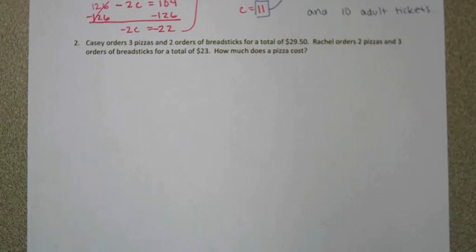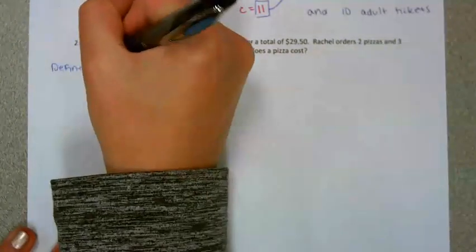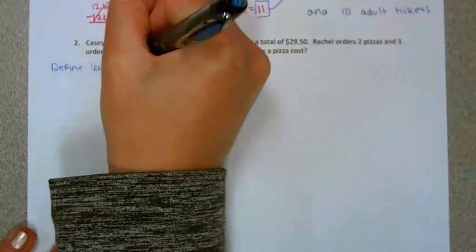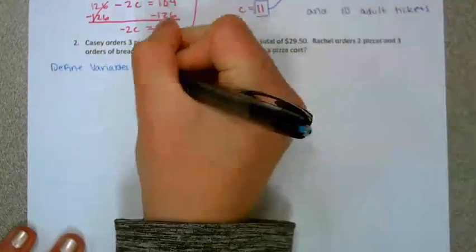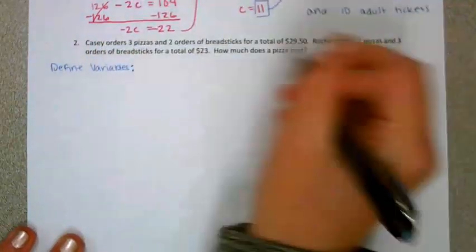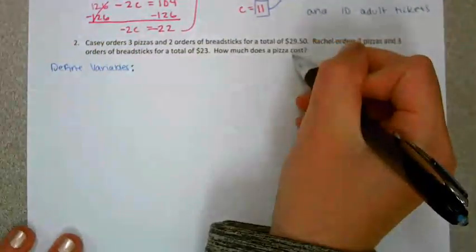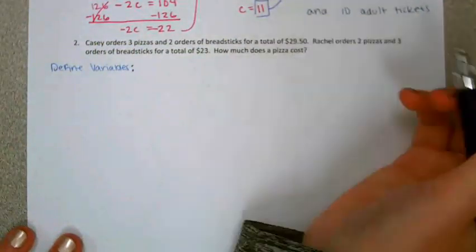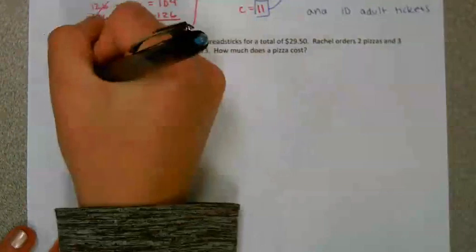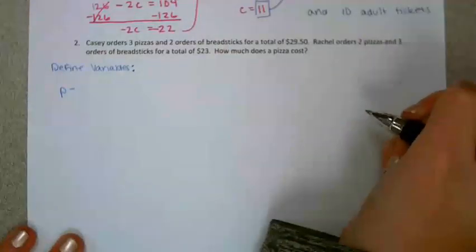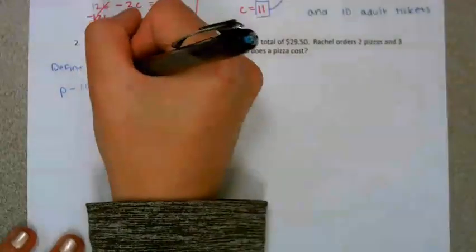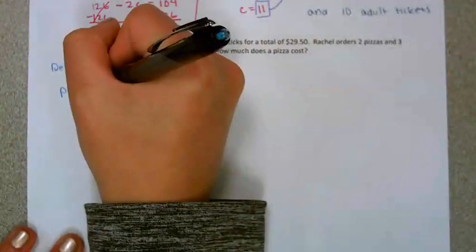But first, as we did in the previous problem, we're going to start by defining our variables. And we're going to define our variables by reading this last question to help us. So it says, how much does a pizza cost? So we will have a variable, and I'm going to call it P for pizza. And it's going to be the cost of a pizza.